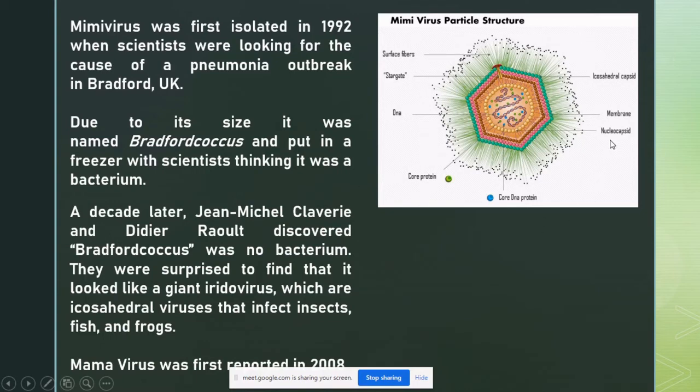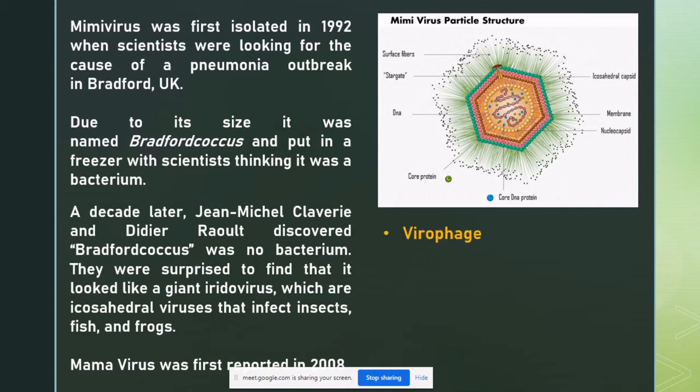It has a protein capsid and a nucleic acid, DNA or RNA. So it has a nucleocapsid but doesn't have an envelope. To this nucleocapsid, it is showing the presence of fibers. So it's a very different kind of structure, and this was observed in amoeba in lake water.